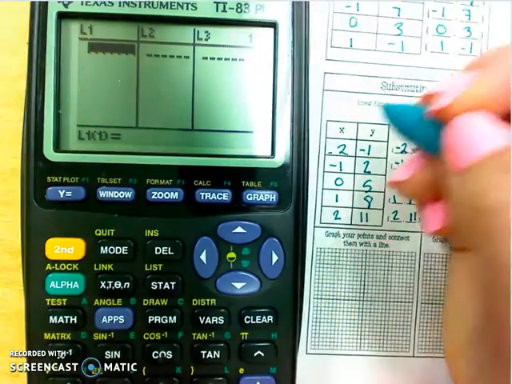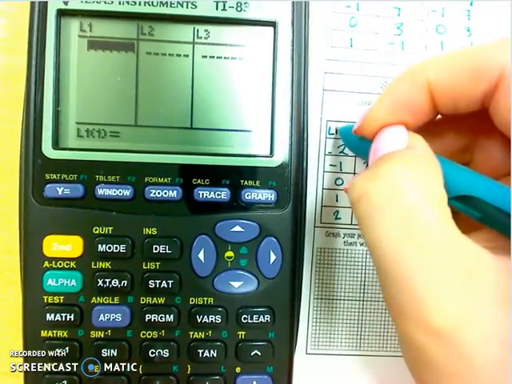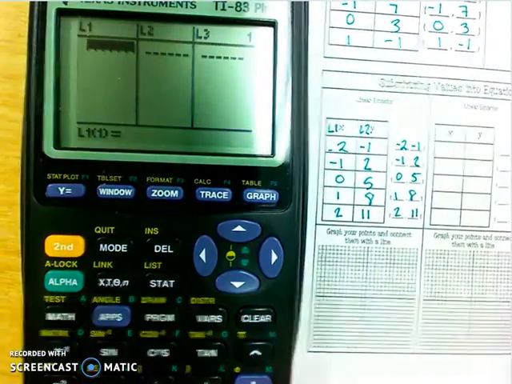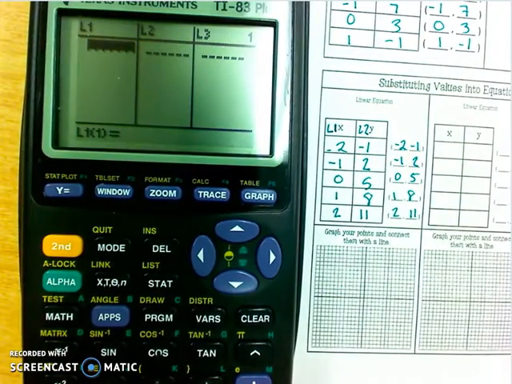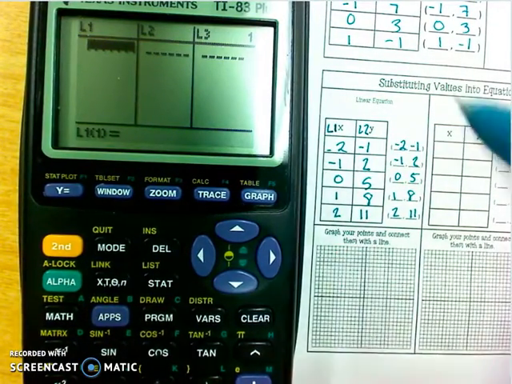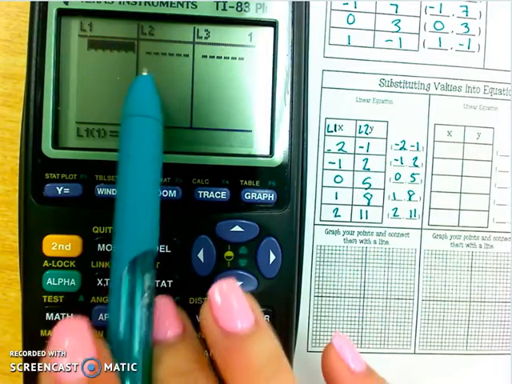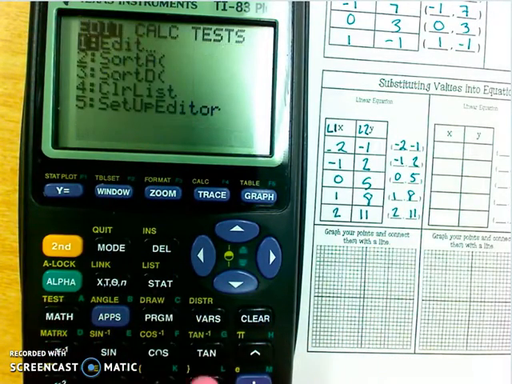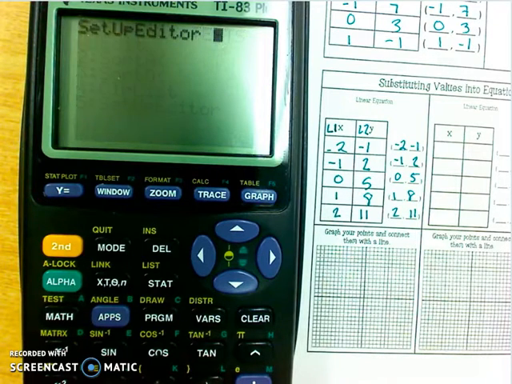L1 are always going to be our X values, and L2 are always going to be our Y values. Okay? It's important to know that if L1 and L2 are missing, you need to get them back by clicking Stat, and then number 5 is the SetUpEditor, and Enter.